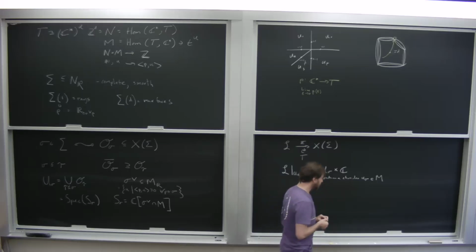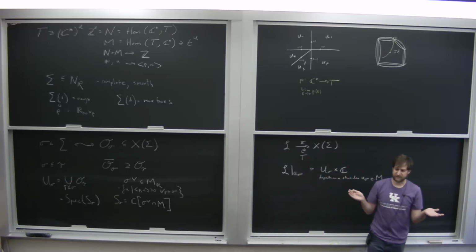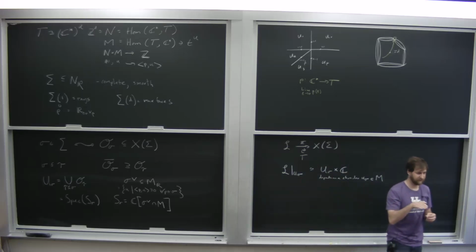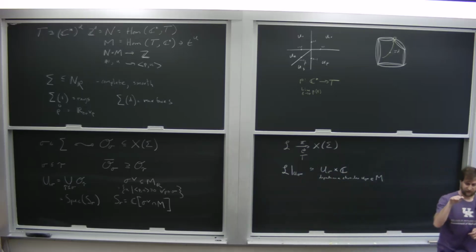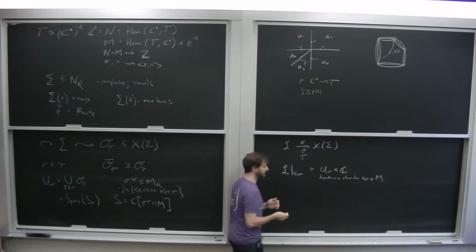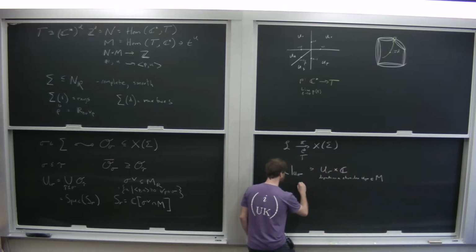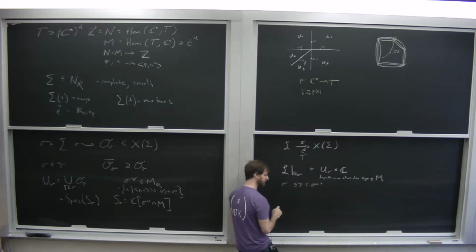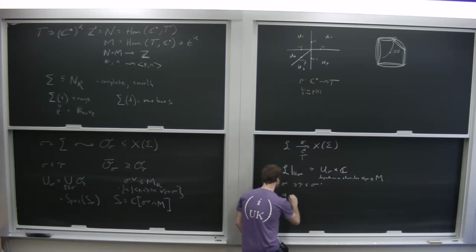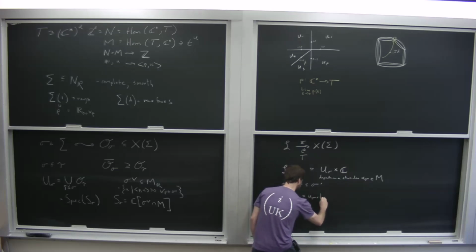Moreover, these characters can't just be any choice. When we restrict to the open set corresponding to a smaller face, if we restrict from two different bigger faces, the answer has to agree. What that means when you translate it into character world is the following. If tau is contained in sigma prime and sigma, then u_sigma restricted to tau has to equal u_sigma prime restricted to tau.